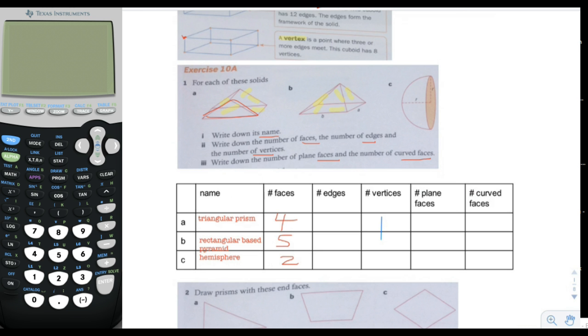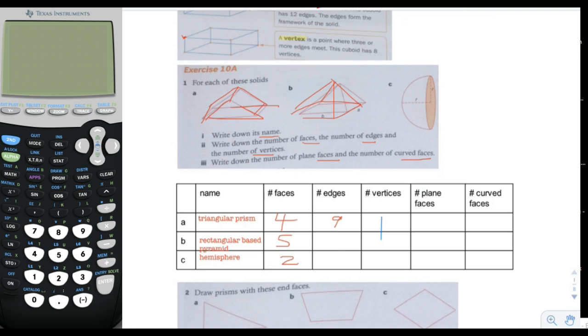How about edges? How many edges in each one of these now? We just count the number of these lines. 1, 2, 3, 4, 5, 6, 7, 8, 9. So there's 9 there. For the pyramid, there's 1, 2, 3, 4, 5, 6, 7, 8.